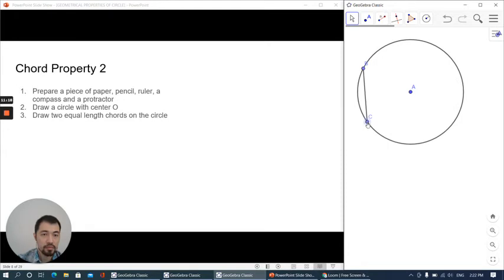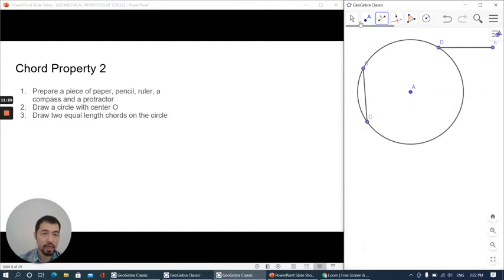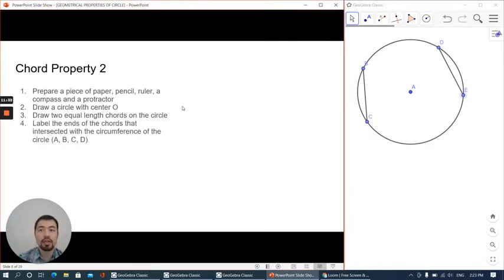So I have two chords, the same length, anywhere on the circle, and then we want to label the end of the chords.